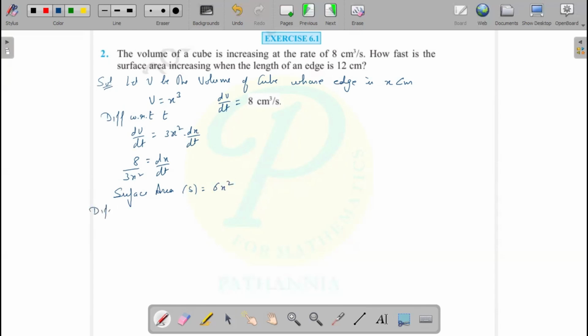So again you differentiate with respect to time, and the differentiation of x is dx upon dt. So from equation first, dS upon dt is given to you, 8 upon 3x square.